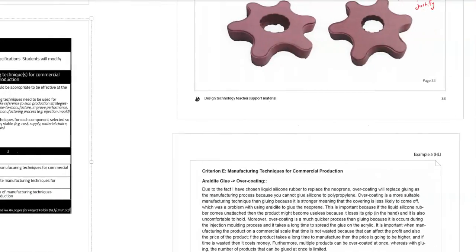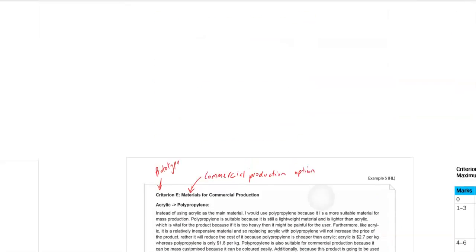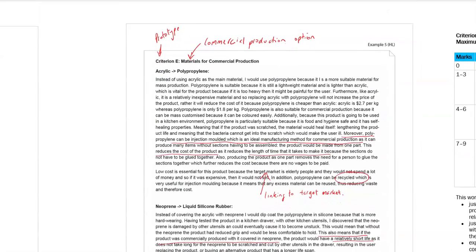So if we have a look at an example, this particular example is looking at a prototype for a bottle opener for people with arthritis. It compares the prototype, made out of acrylic, with polypropylene for commercial production.